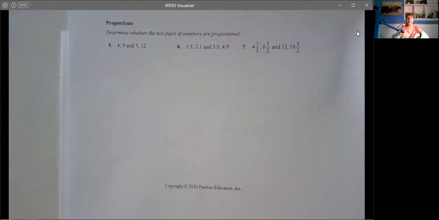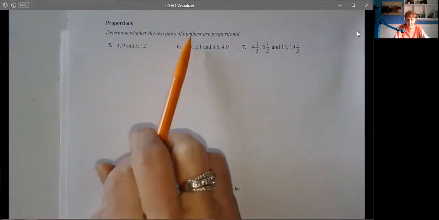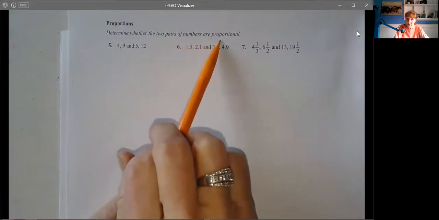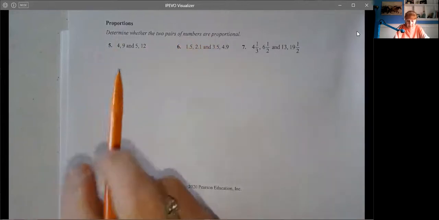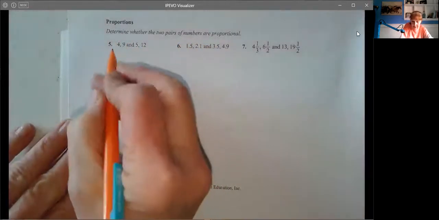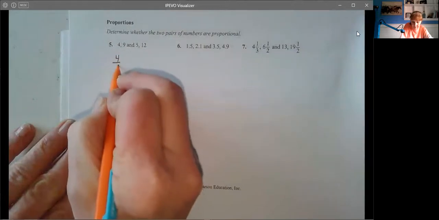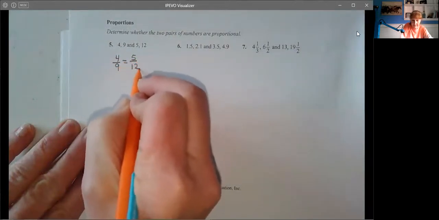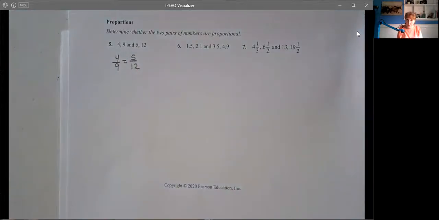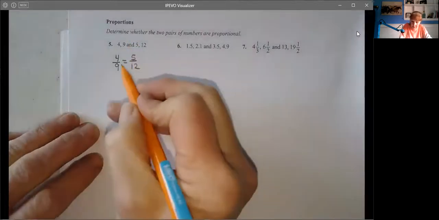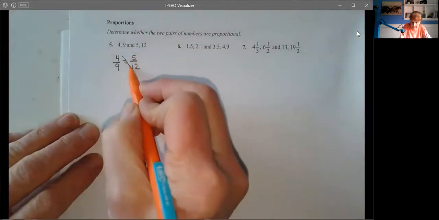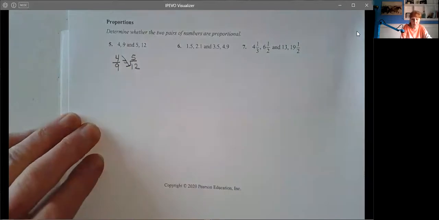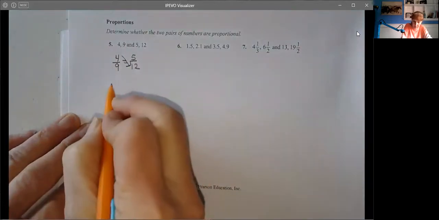Our first ones are going to determine whether the two pairs of numbers are proportional. So that means that we'll make this into a ratio. Is that true? 4 to 9 and 5 to 12. So we'll go ahead and do our cross product. 4 times 12 gives me 48.